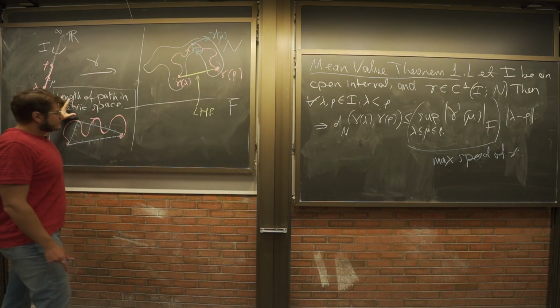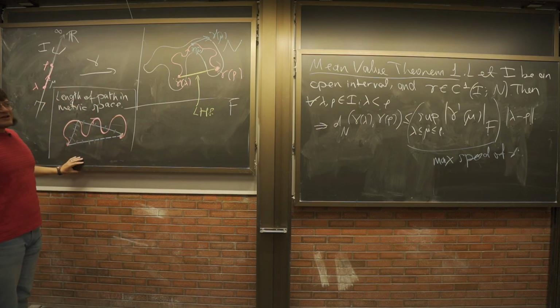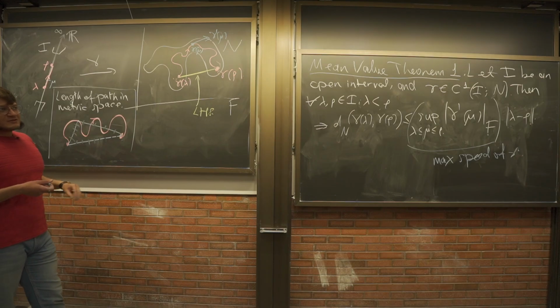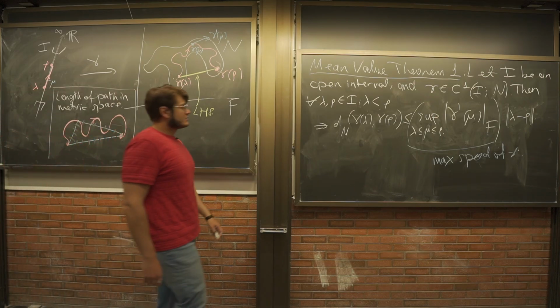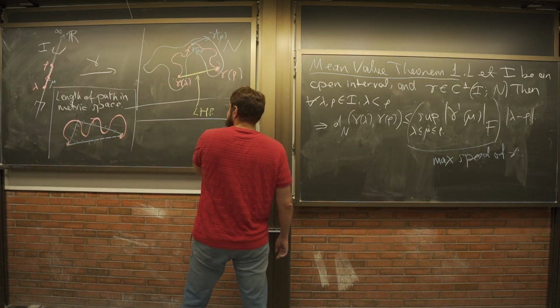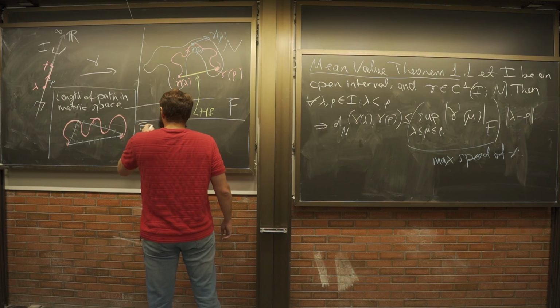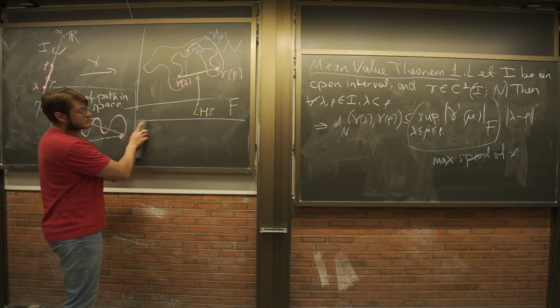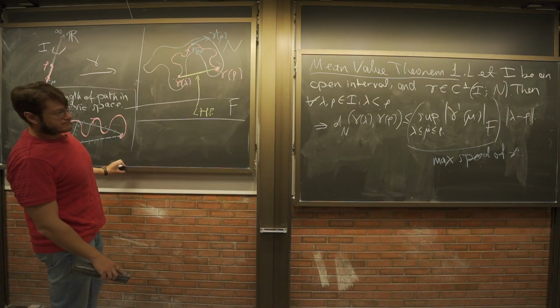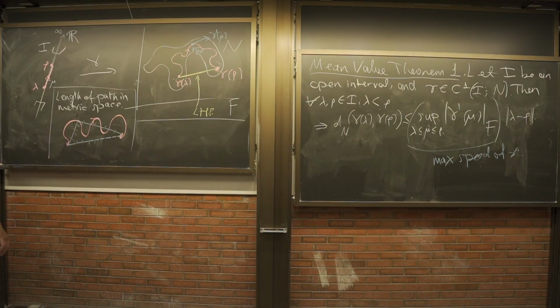Well, I'm going to leave it to you that if your metric space is a subset of a norm space, then indeed the length of the path is the integral of the speed, as you're familiar with. Hang on, I'm going to write it properly.